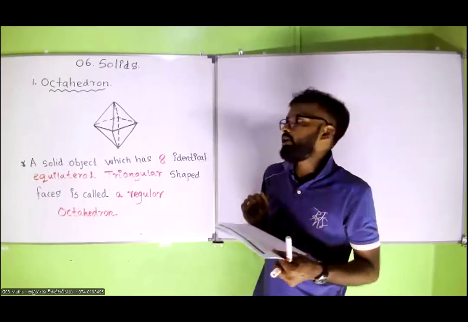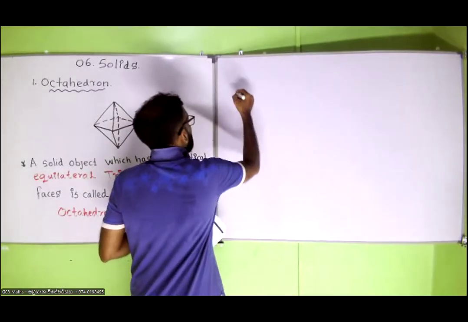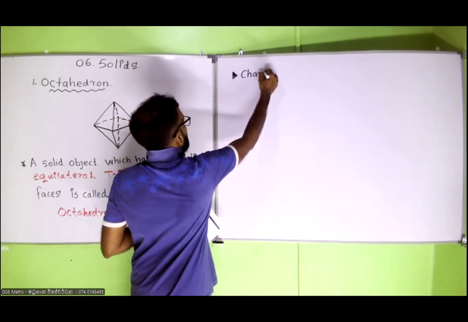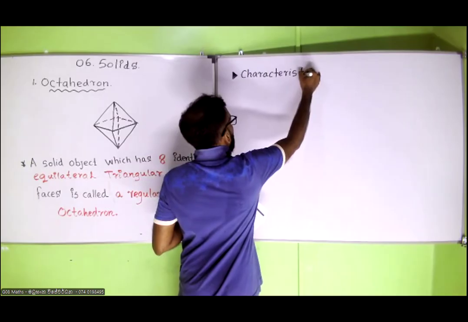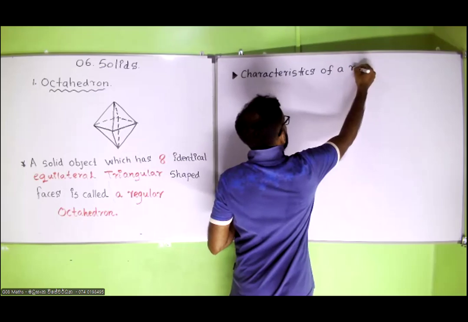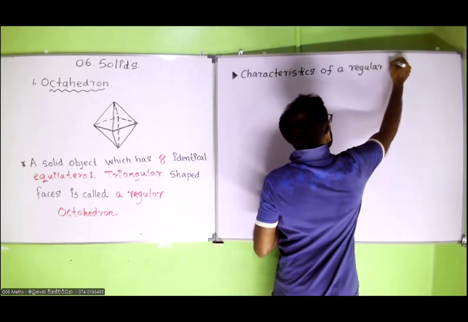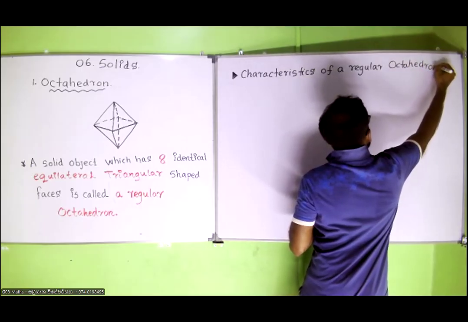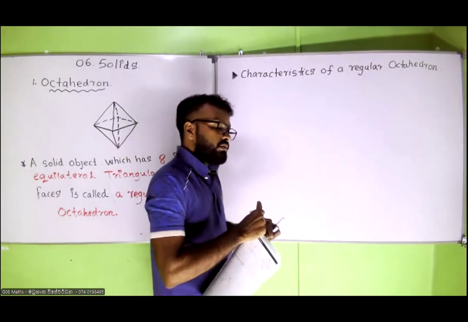Below this, you have that. Characteristics of a regular octahedron.